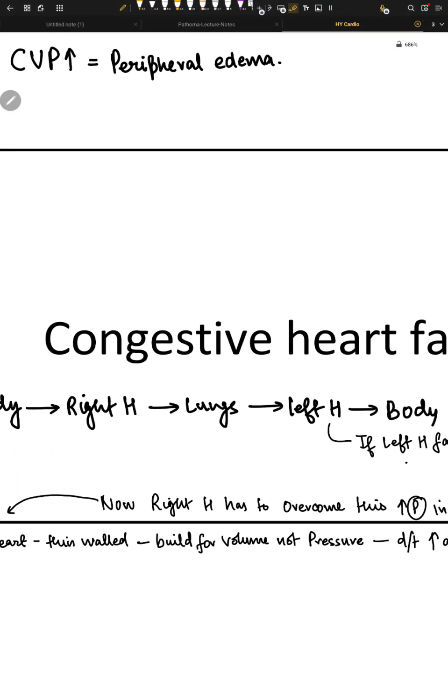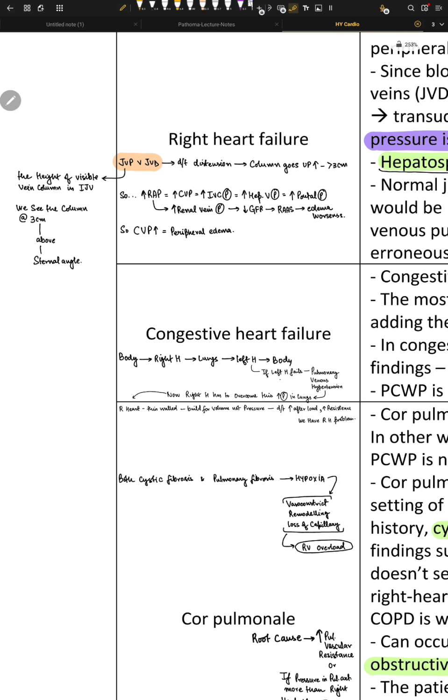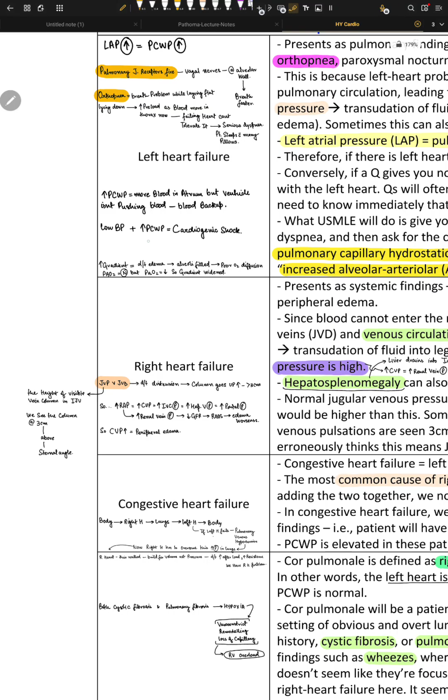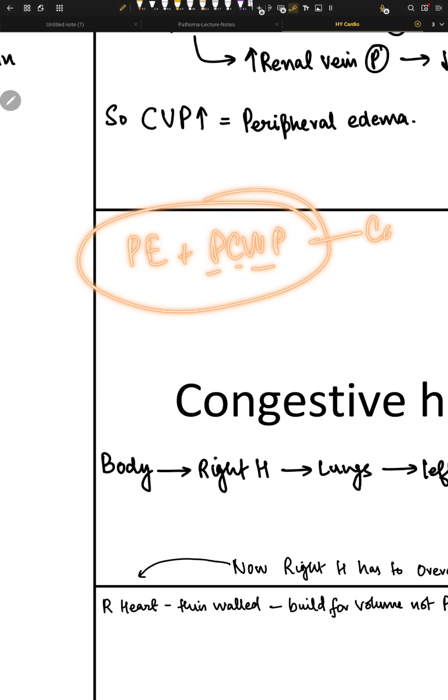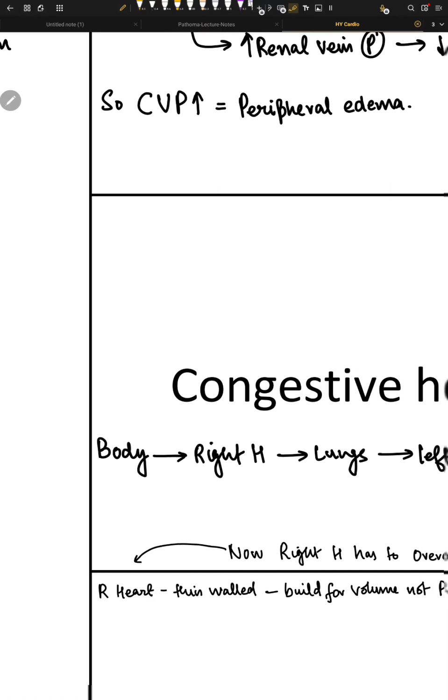So if we see peripheral edema, PE, plus increased PCWP, that's the wedge pressure, pulmonary wedge pressure, we can call it congestive heart failure, I think. We're not gonna call it that, it's like the findings we see, so that's the idea.